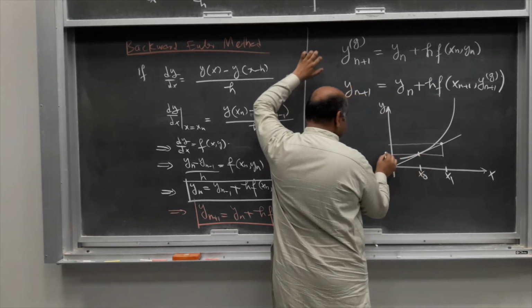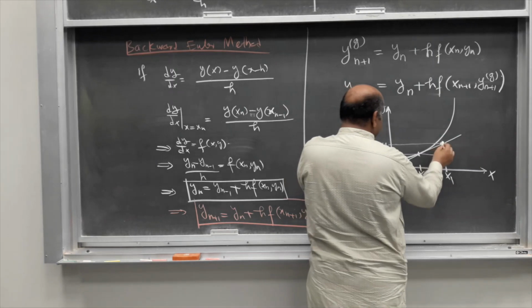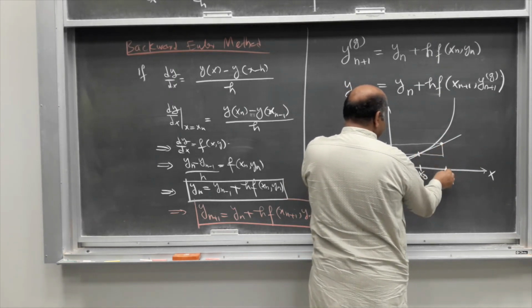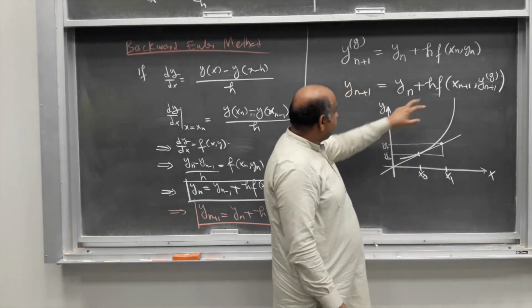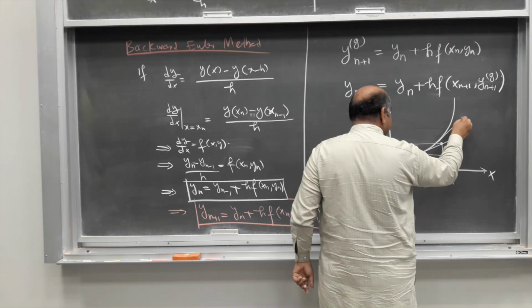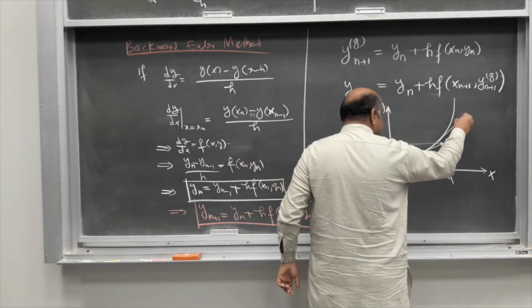So this was y naught, this is y1. So what we do is take this value of y1 and this x1 and compute the slope again. So this is the new slope, and we use another color.